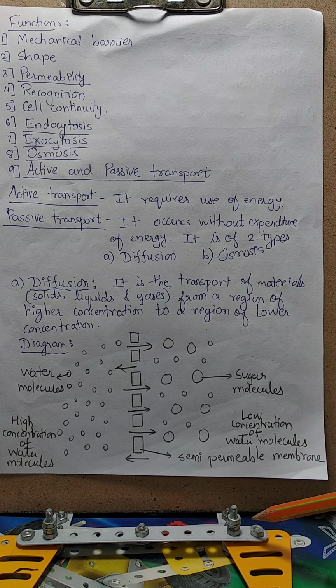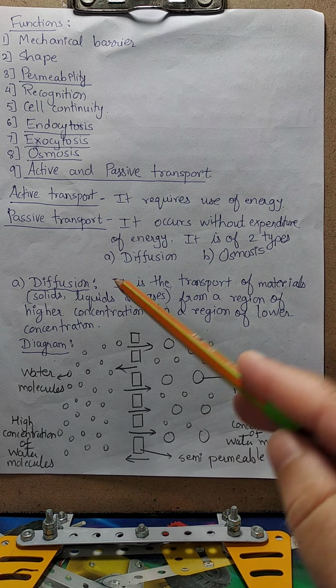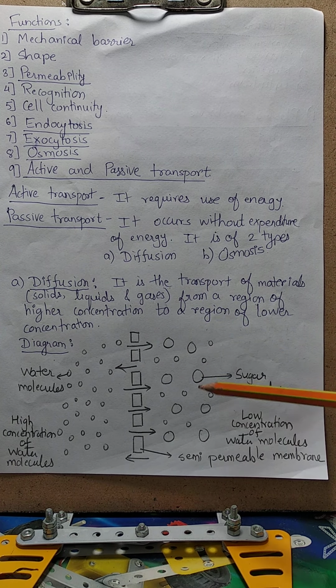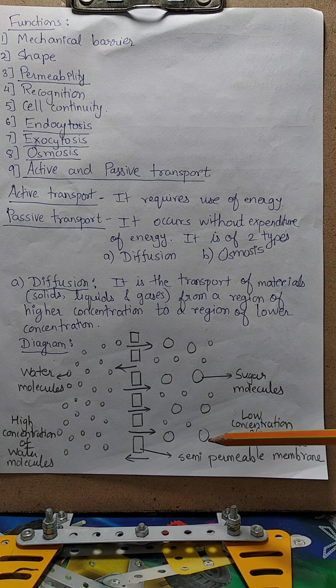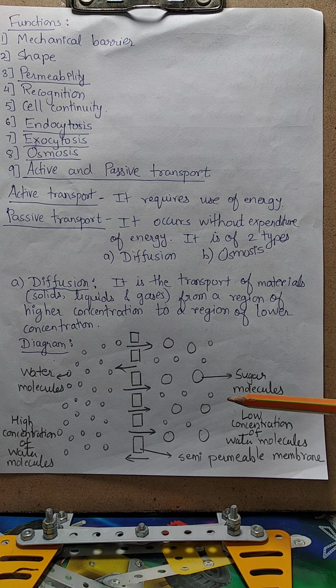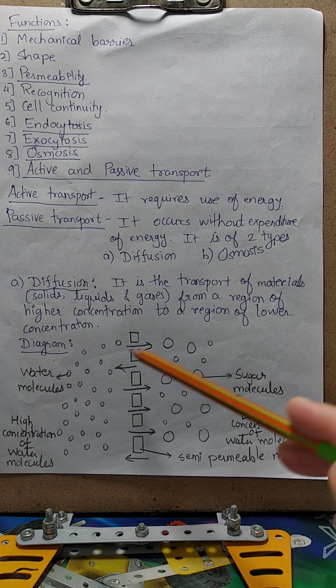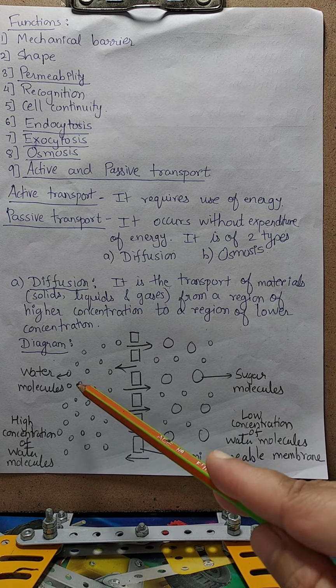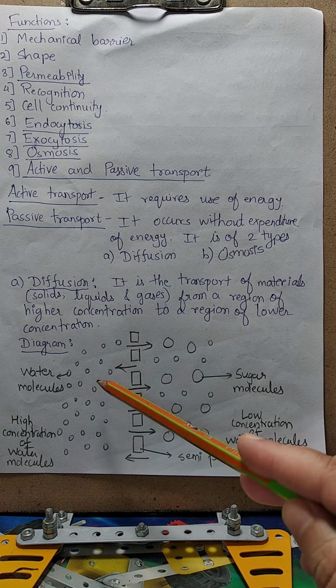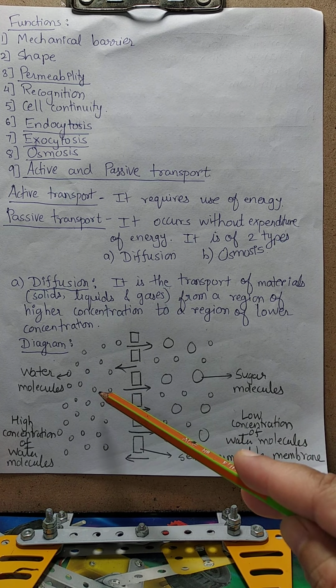Now what happens in diffusion? As per the definition, there is a net movement of molecules from higher concentration to lower concentration. The particles can be solid, liquid or gas. In this case, as we are considering water molecules, we are considering liquid particles.